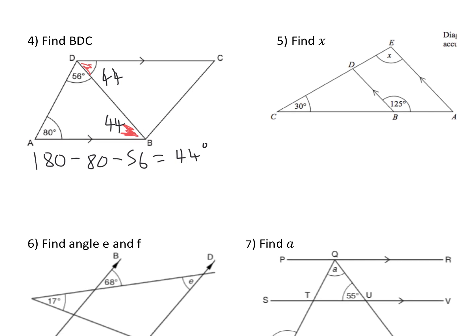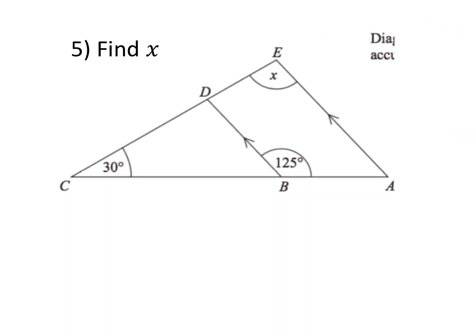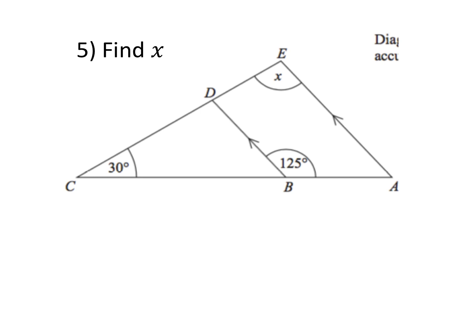Number 5, we've got to find out X. Sometimes it's best working out what you can work out very easily and very quickly. I know that this one is on a straight line, so it is 55 to make 180. I've now got a triangle here. 30 and 55 is 85.